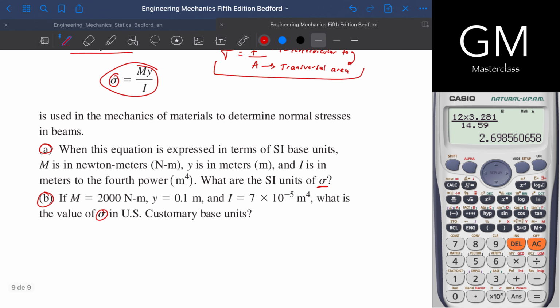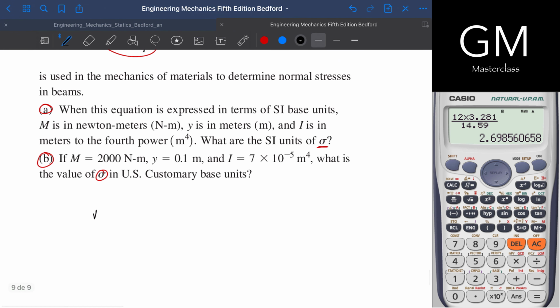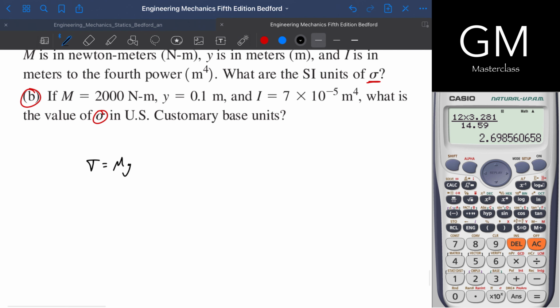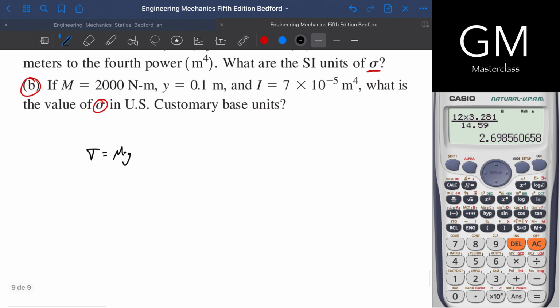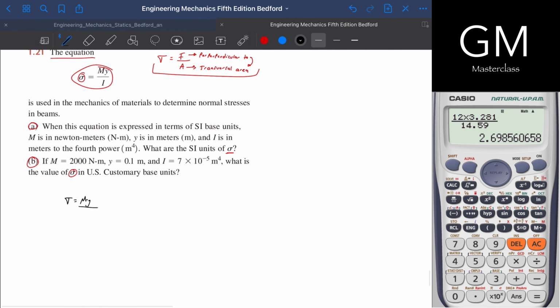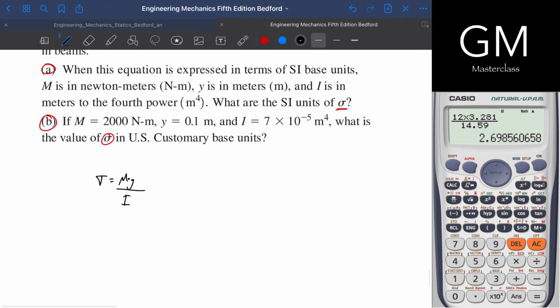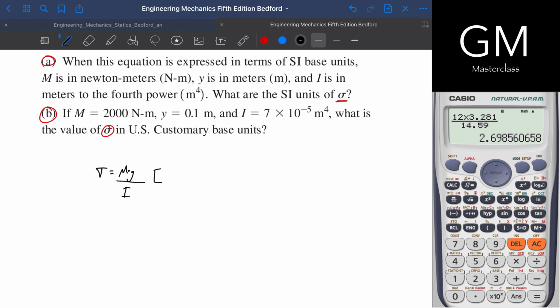So what we have to know here is that sigma is equal to M times y divided by I, and the units are Newton meter multiplied by meters divided by meters to the fourth power.